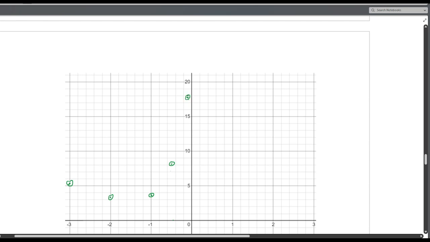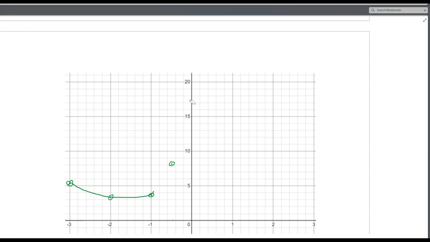So you understand that your graph is going like this, and it will not intersect the y axis.